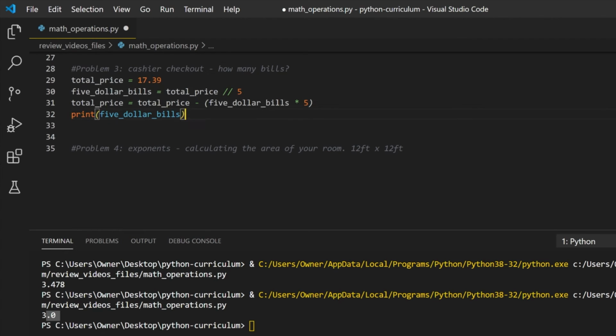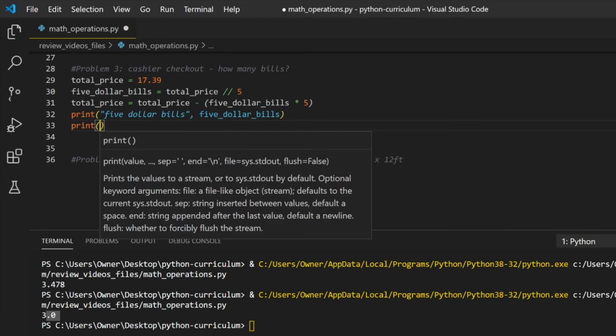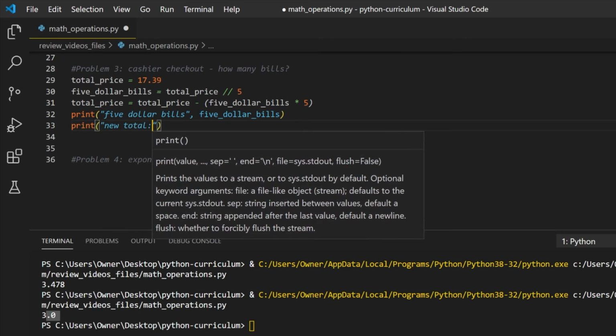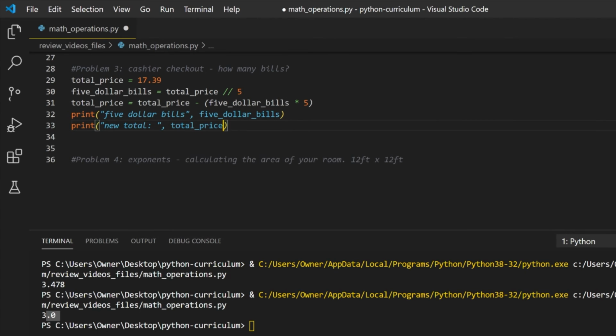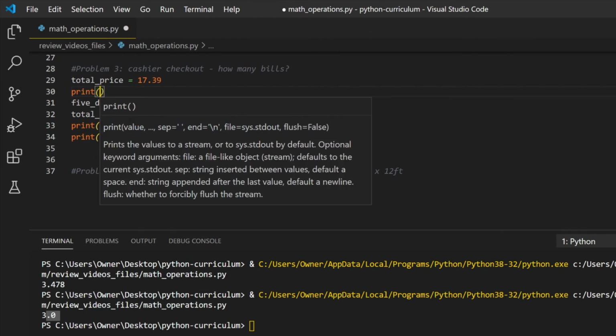And then we are going to print out the number of $5 bills, and we're also going to print out our new total. That's going to be equal to our total price. And then we'll also print out our original total price right here at the top.